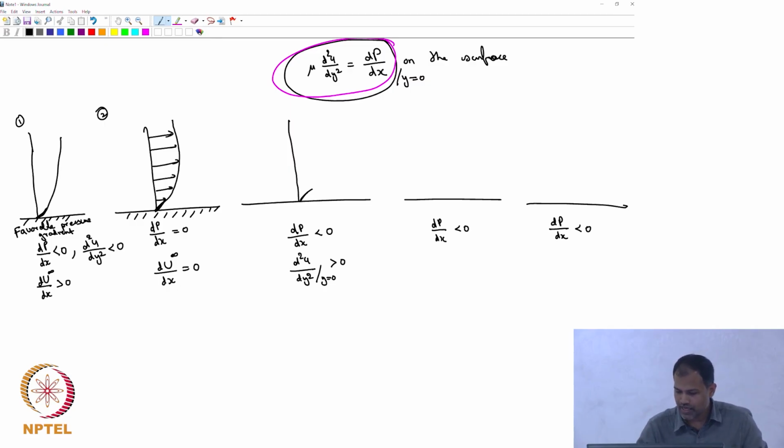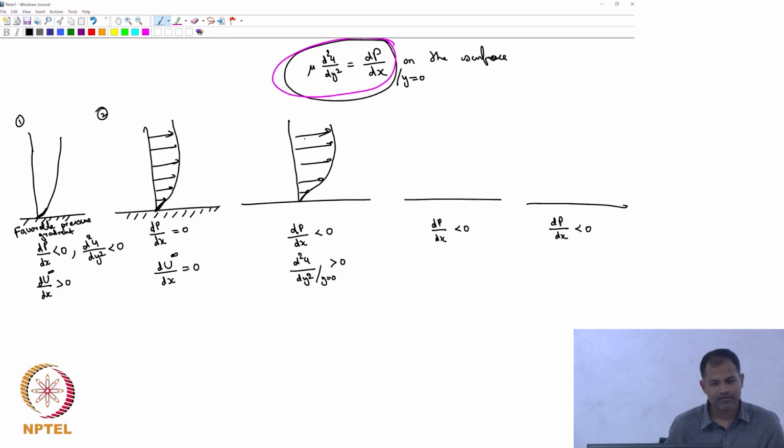So like that, and then it would do that. The sign of d square u by dy square should be greater than 0. So write it down again using your finite difference and see.